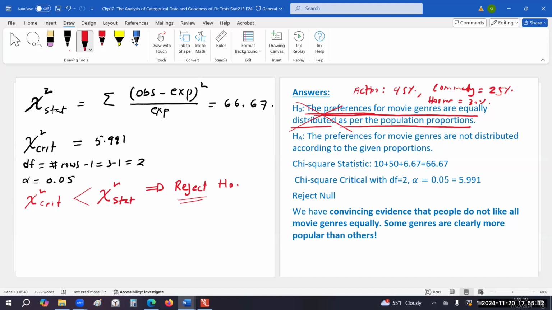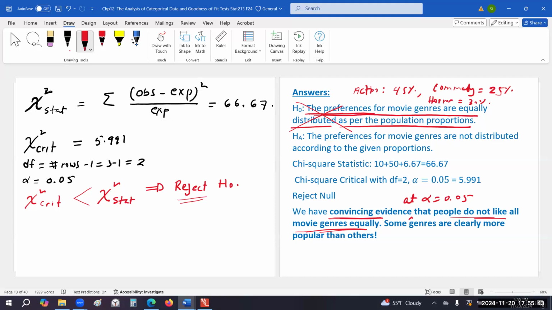So since we're rejecting the null, it means we have enough convincing evidence at the alpha level 0.05 that people do not like all movies equally. Some people like horror probably more than the other ones, or maybe some people like action movies more than the other ones.